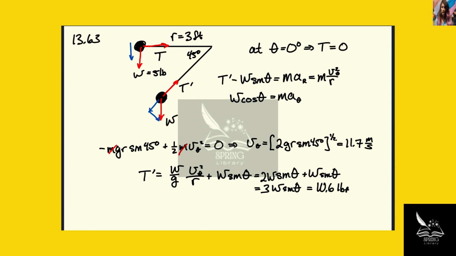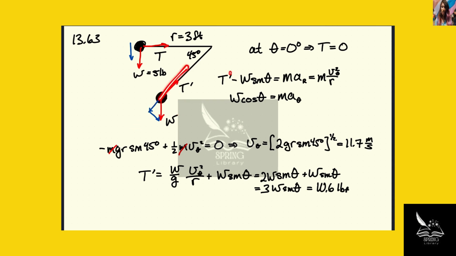Now let's take this and draw a free body diagram, and do our force balances. I'm going to do a force balance along this direction and then along this direction.